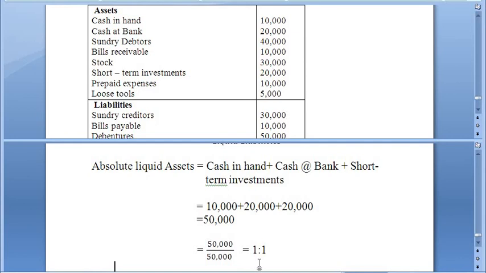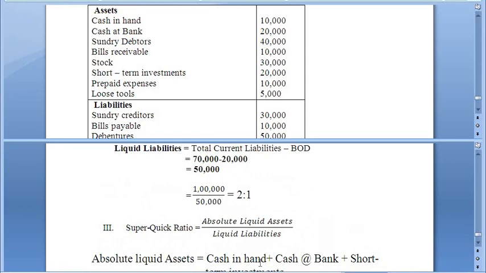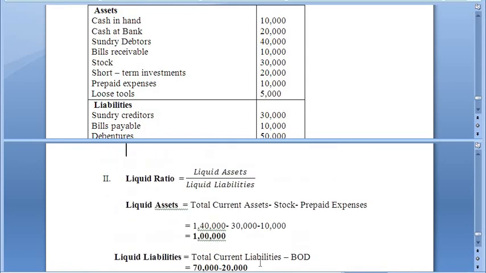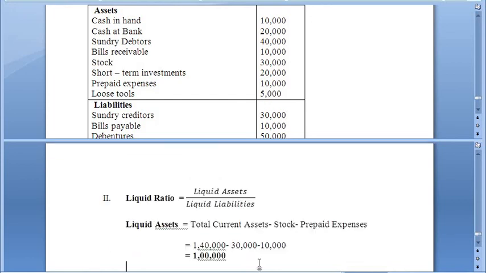With the help of these ratios we can conclude that the firm's liquidity position is sound. See here, current ratio is 2:1, and the ideal current ratio is 2:1.